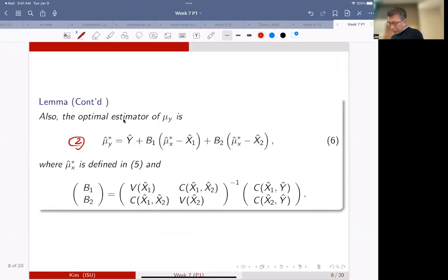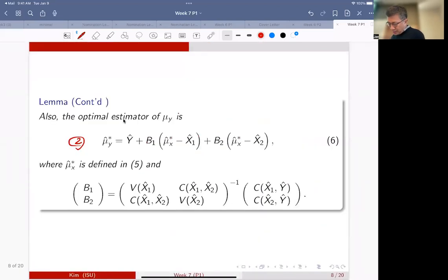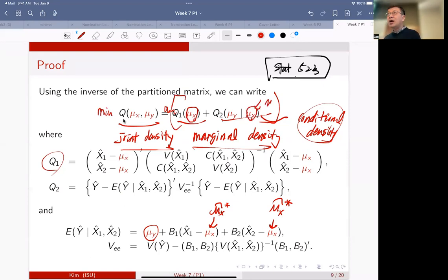Then for mu y, the second minimizer has this form. You first obtain the minimizer of Q1, mu x star, plug it in, and then solve only for mu y.